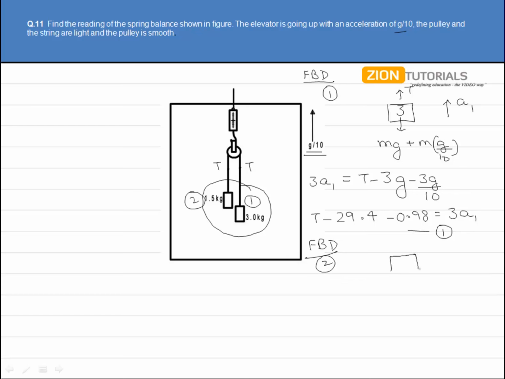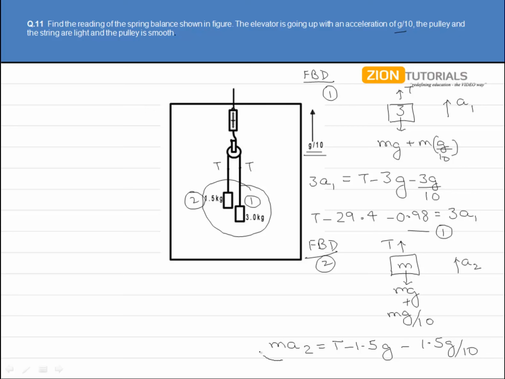where we can show a block of mass m, that is 1.5, having a force mg downwards plus a pseudo force mg by 10 in the downward direction, an acceleration a2 upwards and a tension T, giving us the equation mass into acceleration equals T minus 1.5g minus 1.5g by 10.